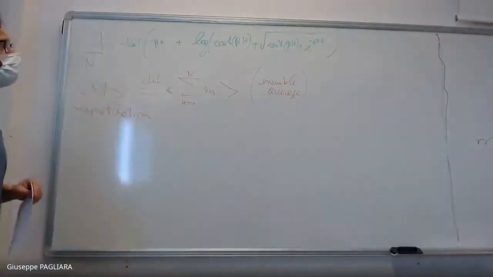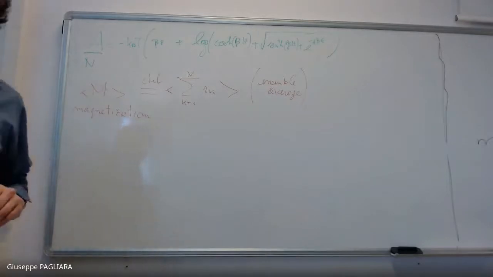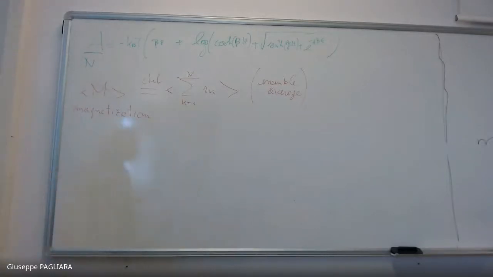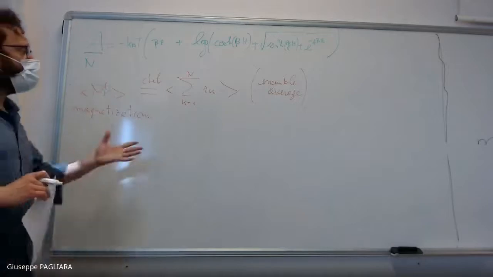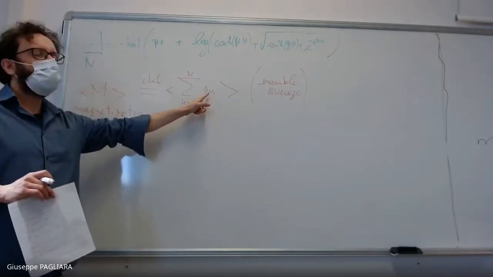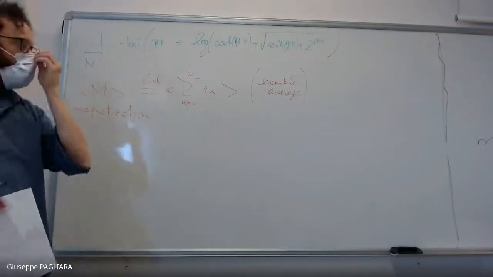Now, what we know from our experience is that once we have the canonical partition function, we can basically derive everything. And this is the case also for the magnetization, which is basically the sum over all the spins averaged in the ensemble.